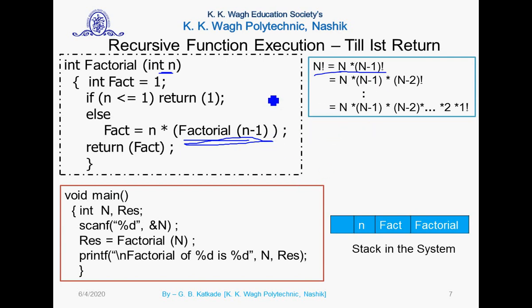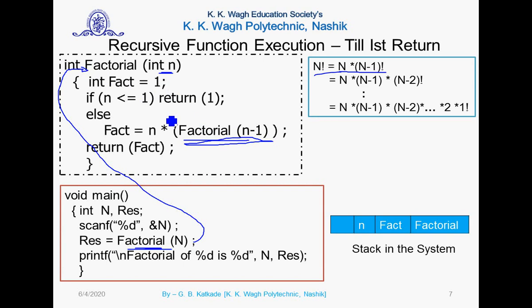Now for the execution of this, when we say n is equal to 5, there is a call from main, or the calling function, and this call will go to the function factorial. It will start execution here. The first time n will be 5, as we take the example of 5, and then it will continue.